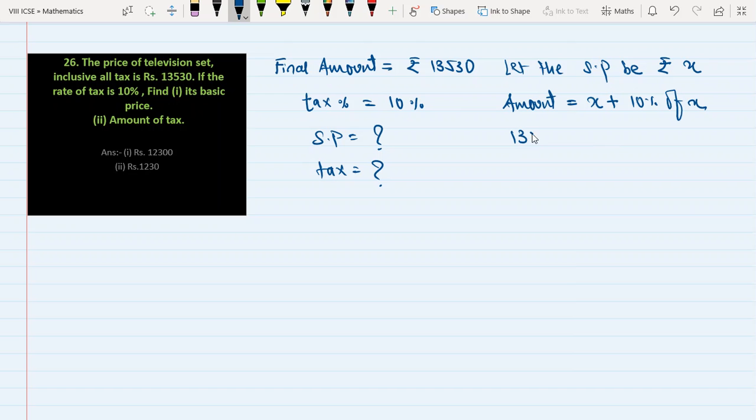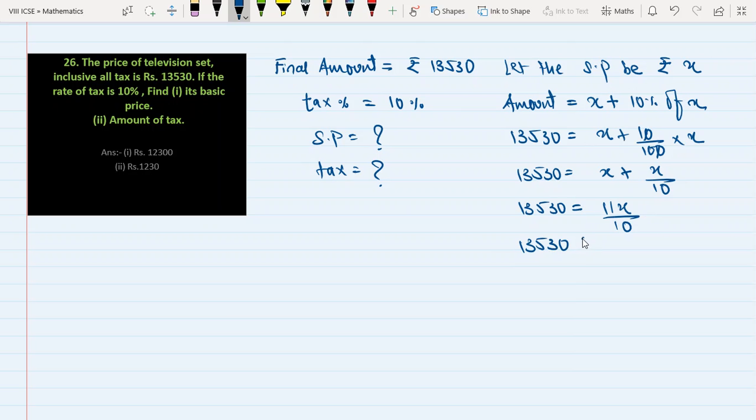Now amount I know, 13530 is equal to X plus 10 upon 100 multiplied by X. So 13530 is equal to X plus X by 10. So 13530 is equal to 11x by 10. Okay, so 13530 multiplied by 10 upon 11 is equal to X. Okay, let's solve this.